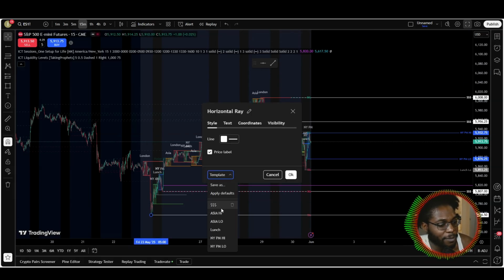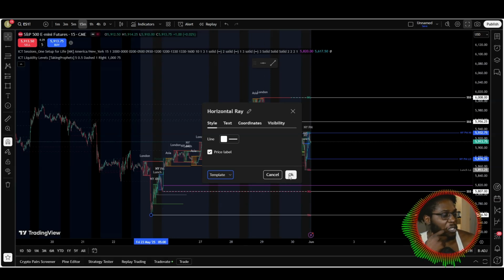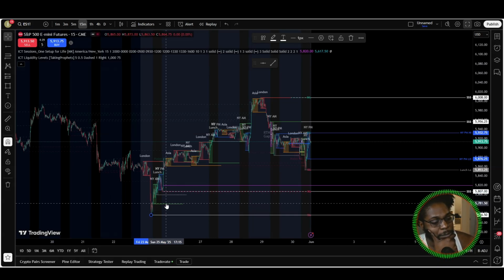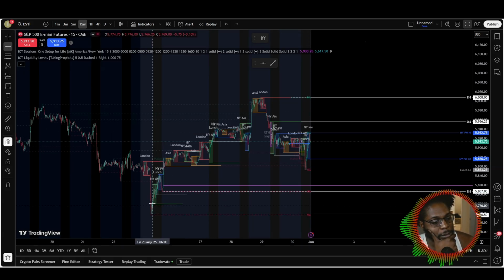And then we want to get this bottom side right here. So we got that sell side liquidity down at the bottom. You can map these ones out too if you want to.